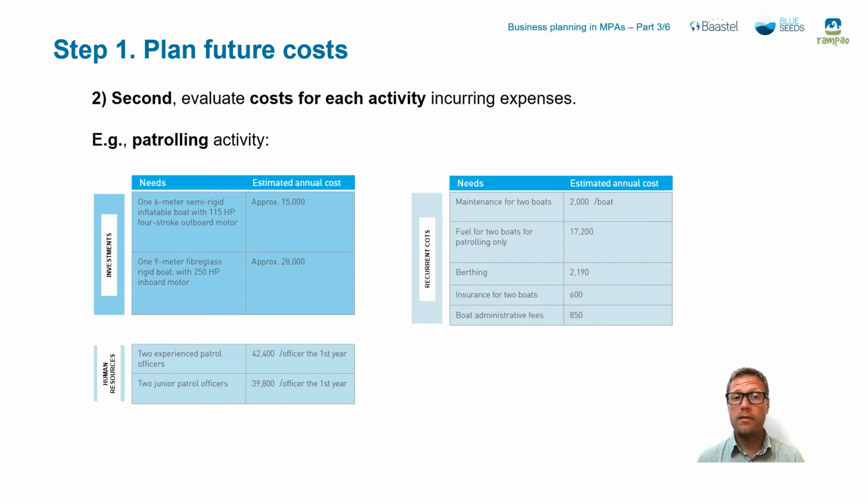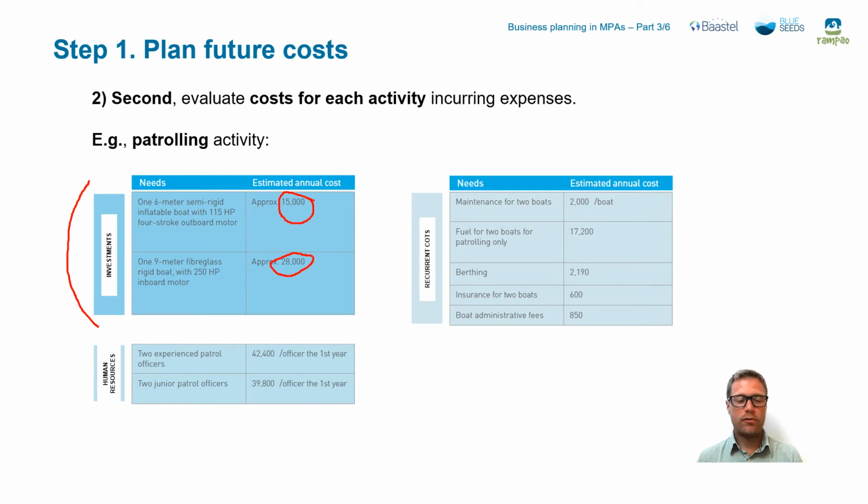Now that you've made a list of all the activities that are necessary to reach your conservation objectives, you need to evaluate the costs of each one of those activities. Taking the example mentioned earlier of patrolling, this activity has costs, which can be put into different categories. First, investment costs. You might need to buy boats, 2 boats, one costing 15,000, another model, more expensive, costing 28,000.